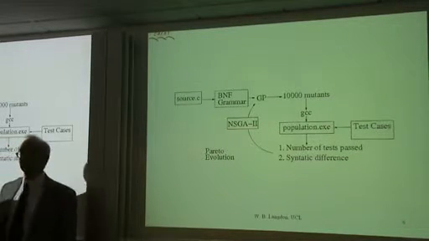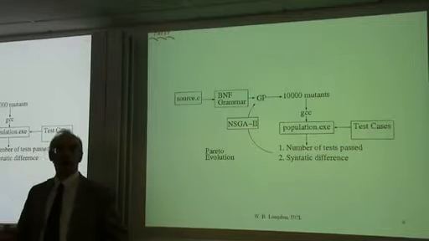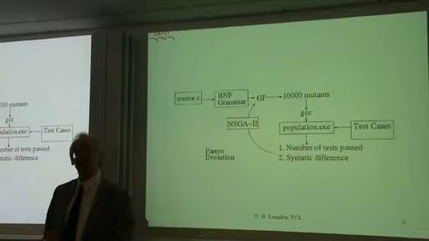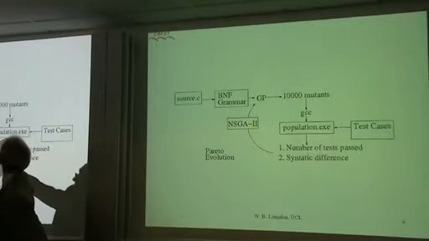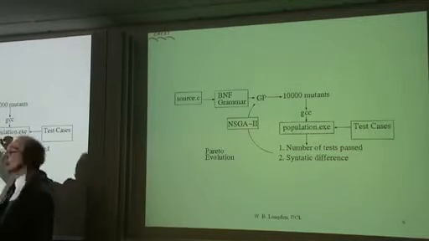NSGA2 instructs the GP on who will be parents and who will be crossed over. So we have a hybrid here between a classic GA and a GP system.